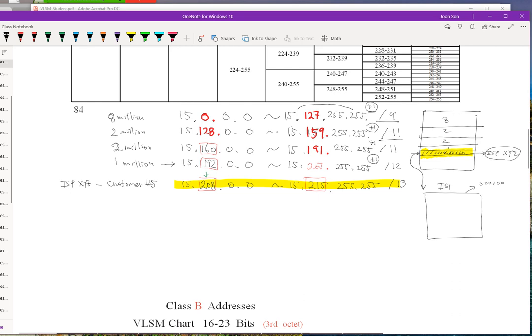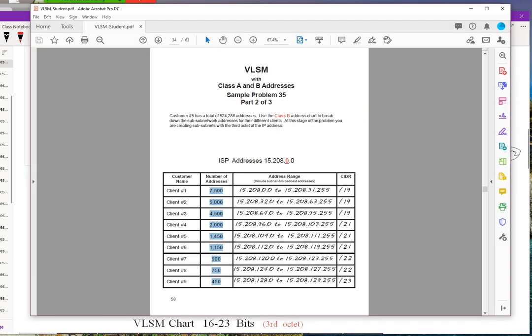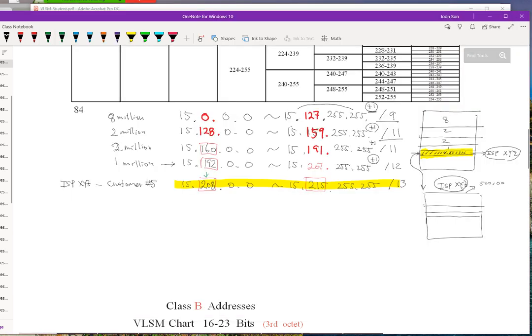This is the ISP XYZ, and they have their own clients: client number 1, client number 2, client number 3, and so on. For client number 1, the requirement is 7,500 IP addresses.